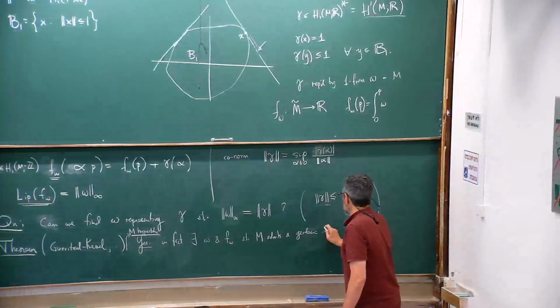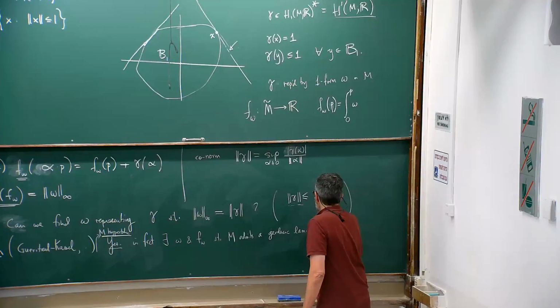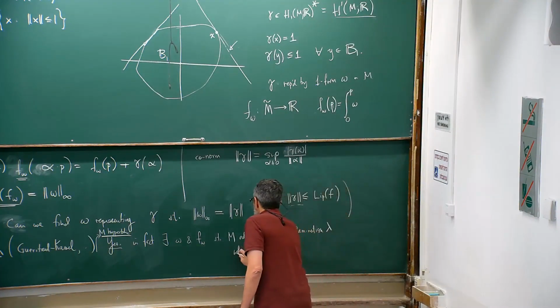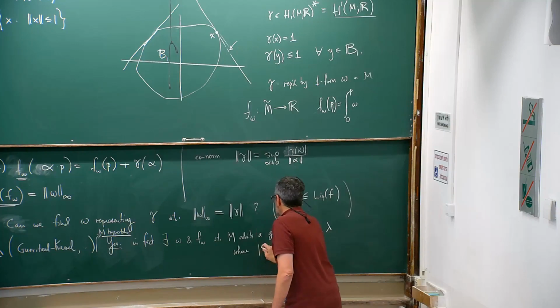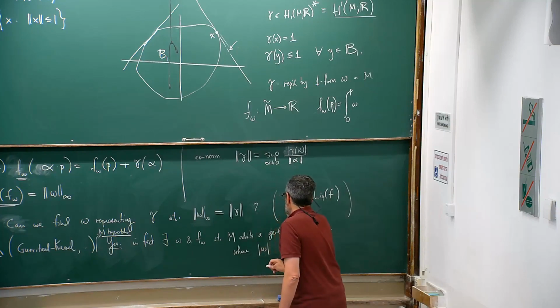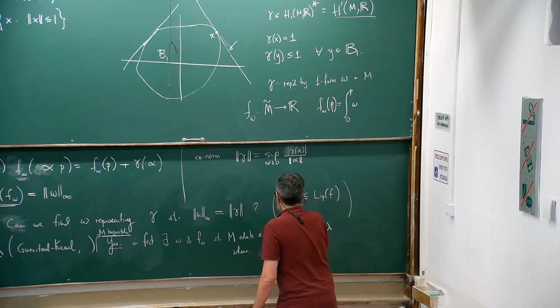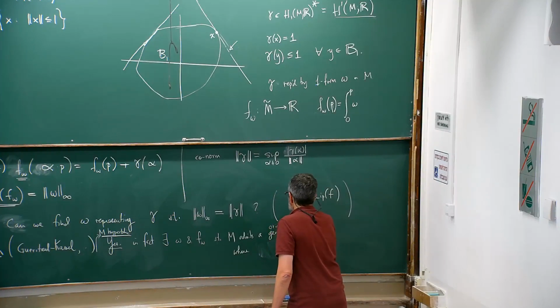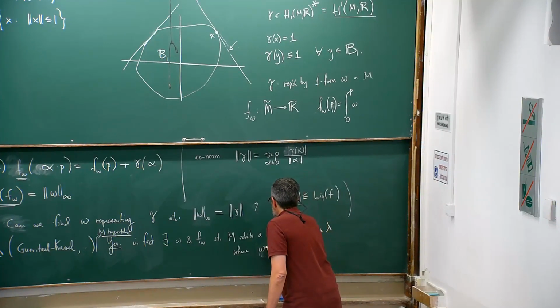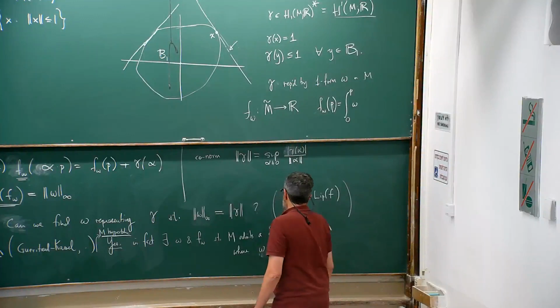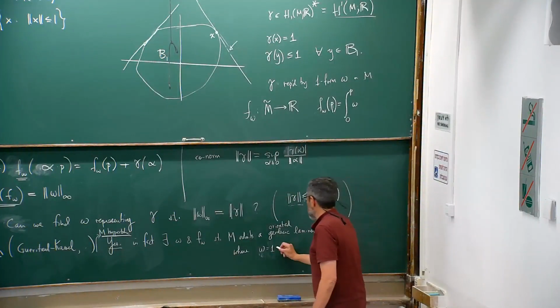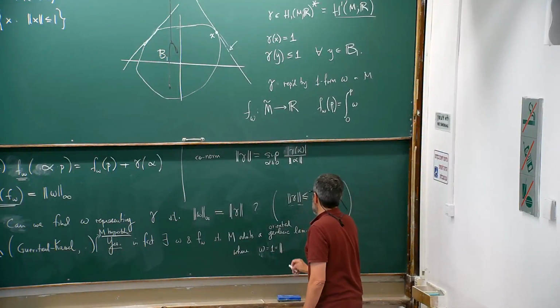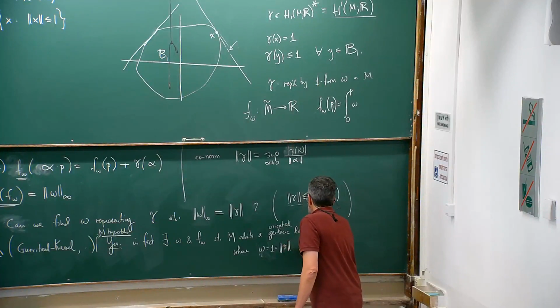Let's say an oriented geodesic lamination, such that the size of omega is equal to 1. In this case, the norm is 1. So actually, let me be clear, this is the norm along lambda.